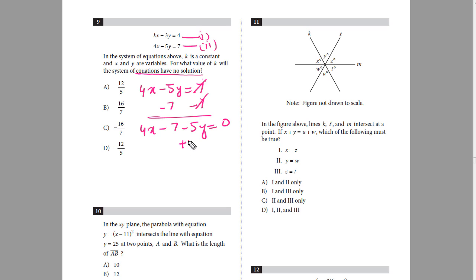Now I will add 5y on both sides. This will get cancelled, and on the left side I will have 4x minus 7 is equal to 5y. I'll divide by 5 on both sides now. So this will get cancelled, and y will become equal to (4x minus 7) over 5.